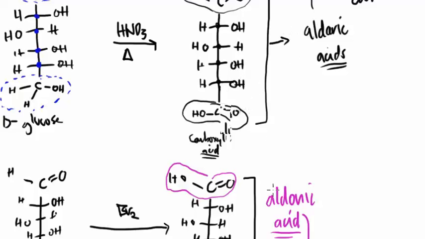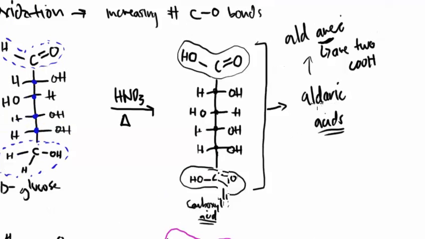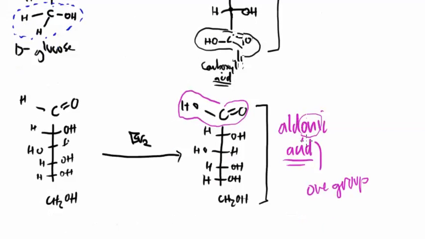Look at this. Aldonic acid, alderic acid. Aldonic acid has one carboxylic acid group. Alderic acid, there are two carboxylic acid groups in the molecule. So that's a very good way to keep these two things straight.